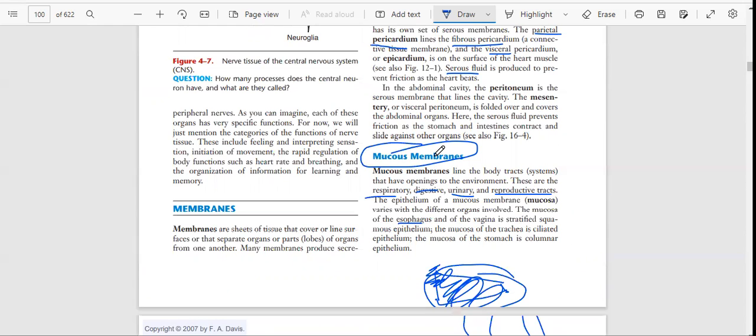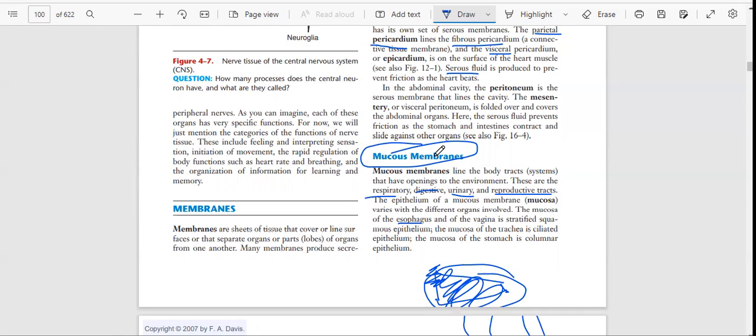We have the respiratory tract: from the nose, we have mucus. In the trachea, we have mucus. In the mouth, we have mucus. In the food pipe, we have mucus. So basically, the mucous membrane is present where the entry of things happens.